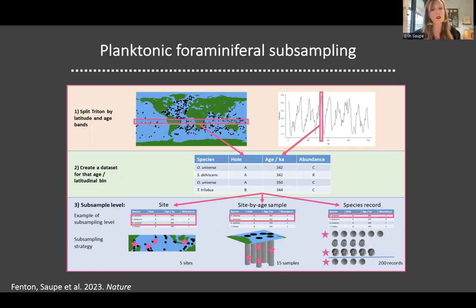We can also calculate latitudinal diversity gradients with subsampling, and we used a variety of different subsampling approaches. We could do subsampling by site and age, or by species record. We tested a number of different spatial and temporal binning schemes to evaluate the sensitivity of the patterns to that binning scheme.